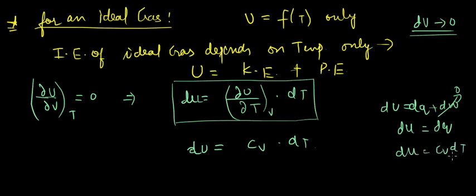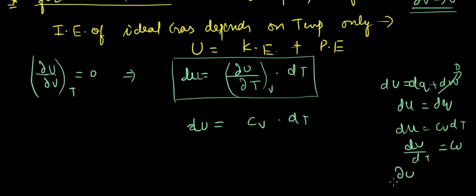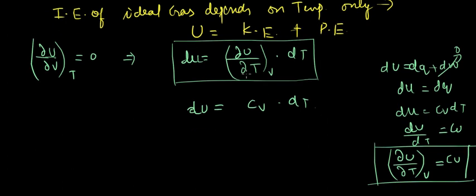So we can write that du upon dT at constant volume would be equal to Cv, or del u upon del T at constant volume equals Cv. With the same understanding, du would be equal to Cv dT.